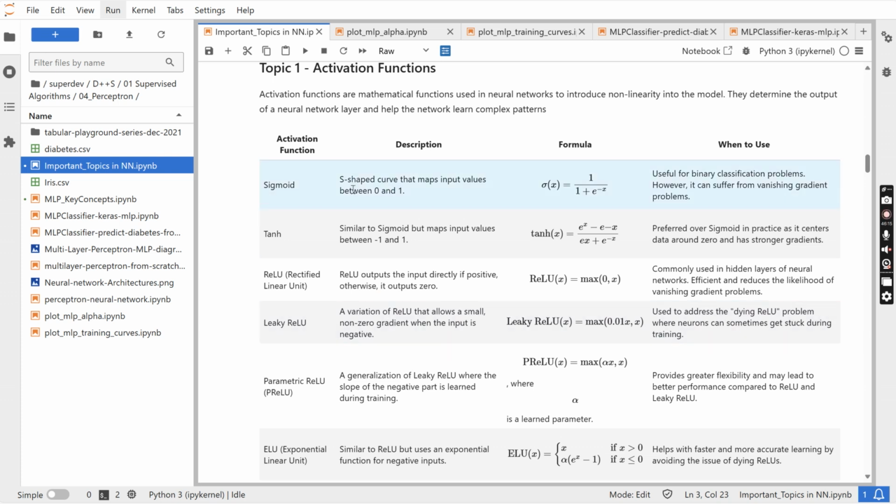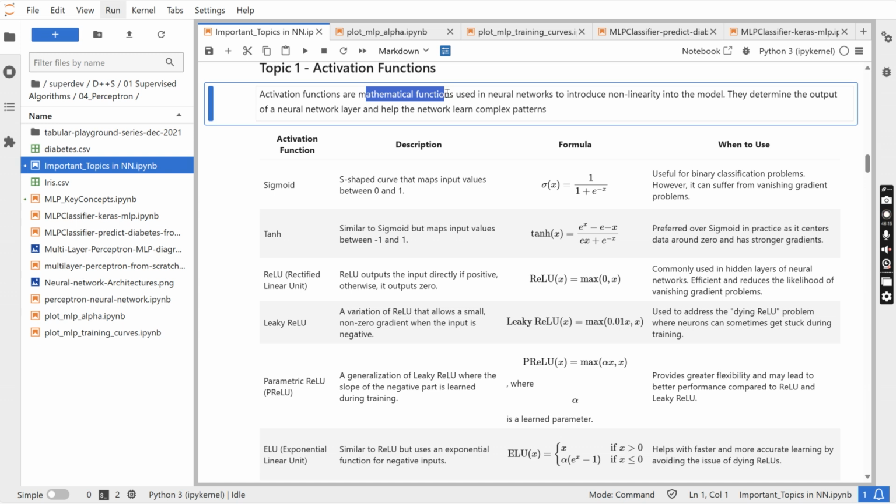So activation function is just a mathematical function. Every time you hear activation function, think of it as a filter that takes a certain input and determines whether a certain type of input should be allowed or not. Every time you hear it, you just equate it to a filter.